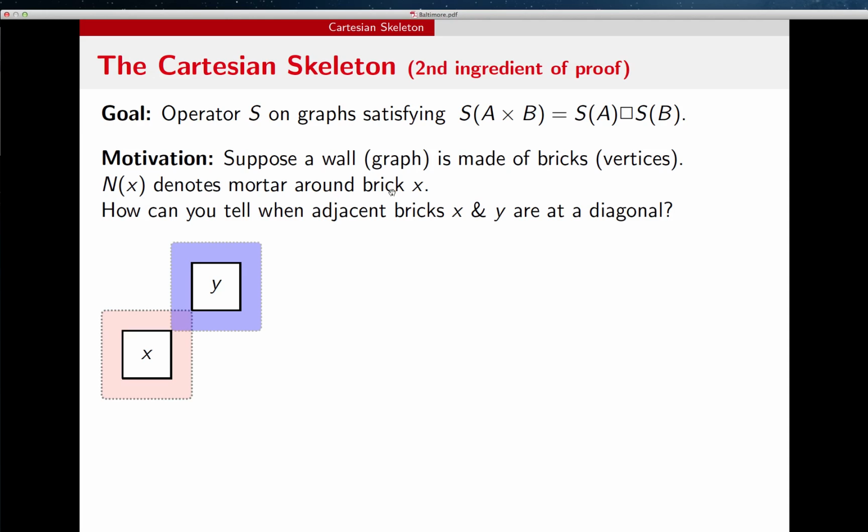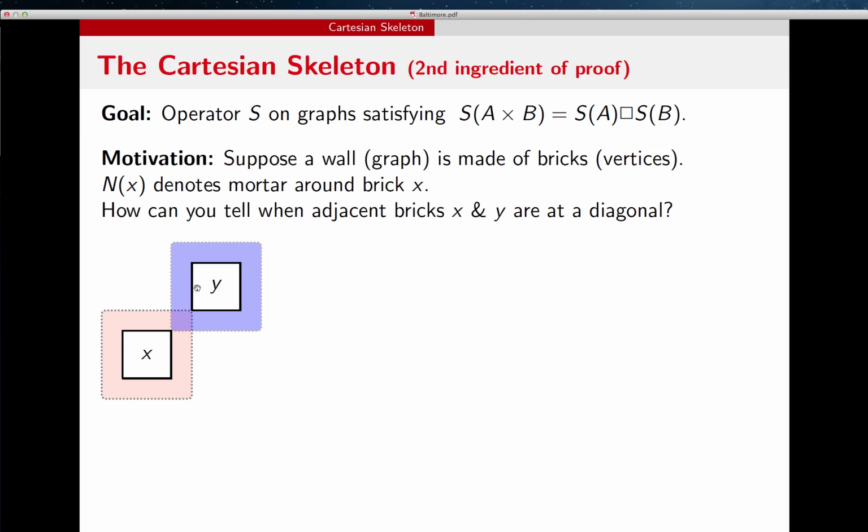So the neighborhood around a vertex x, or a brick, is its adjoining vertices. And imagine you want to know when two bricks x and y are at a diagonal in the wall, like this. So here's x and here's y, and they touch each other but at a corner.